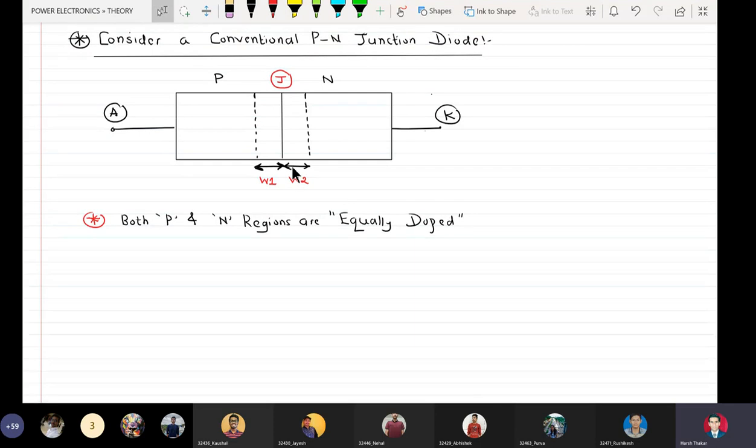If W1 is the width of depletion region in the P layer, the left of J, and if W2 is the width of the depletion region to the right of J, what will be the relativity between W1 and W2? Both are equal. Yes, correct. So we know that W1 is equal to W2. The one who has answered is correct, but can you tell me why it is like that? And when W1 will not be equal to W2?